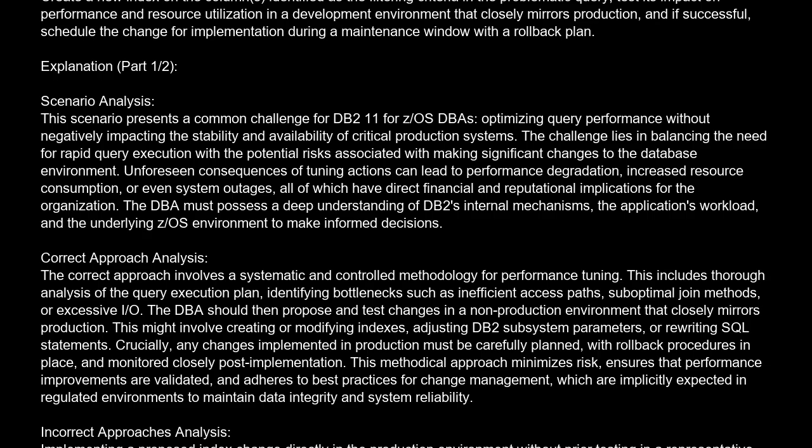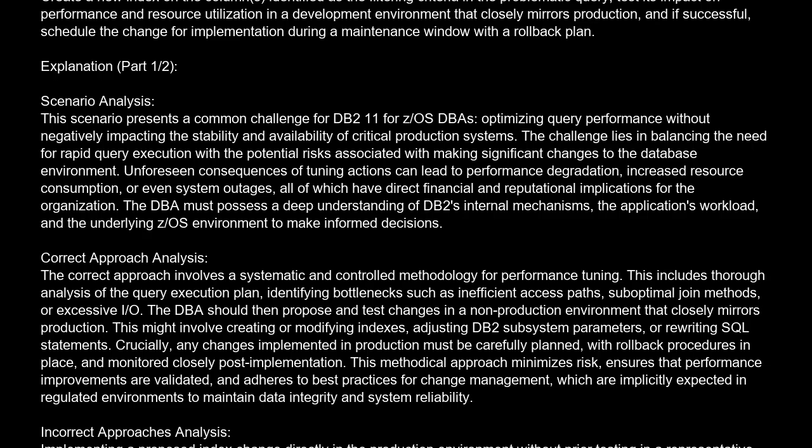Crucially, any changes implemented in production must be carefully planned, with rollback procedures in place, and monitored closely post-implementation. This methodical approach minimizes risk, ensures that performance improvements are validated, and adheres to best practices for change management, which are implicitly expected in regulated environments to maintain data integrity and system reliability.